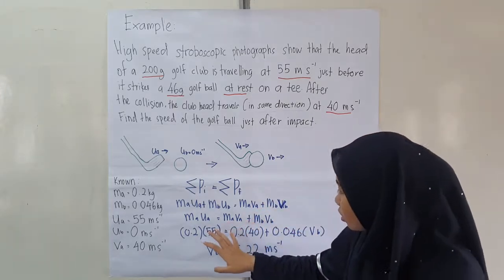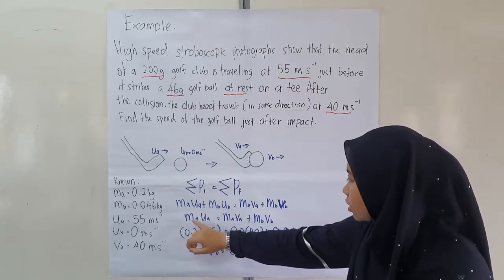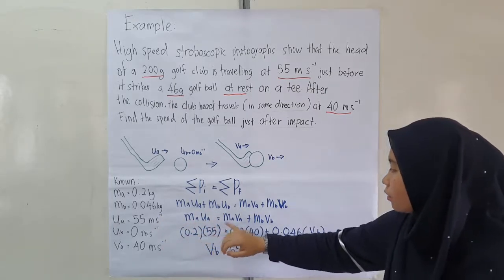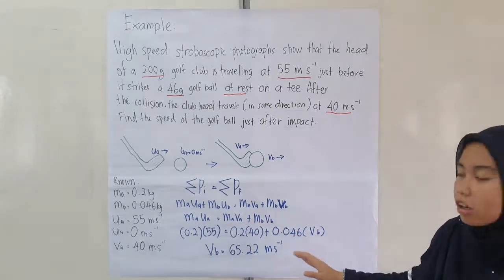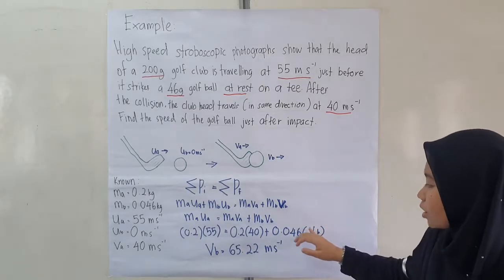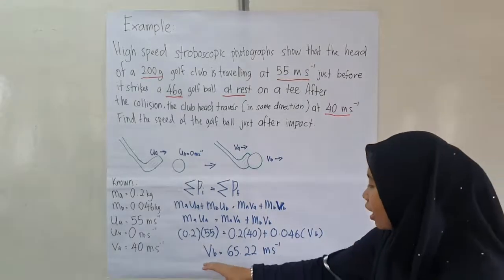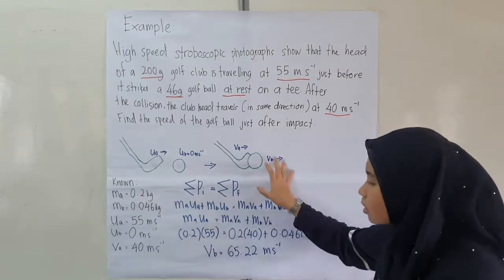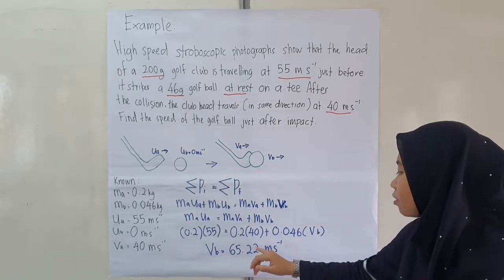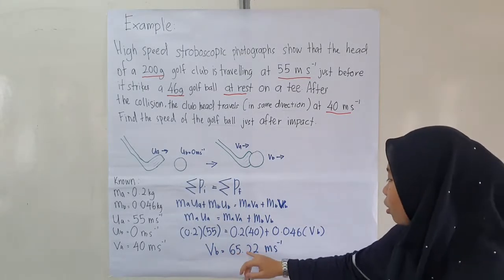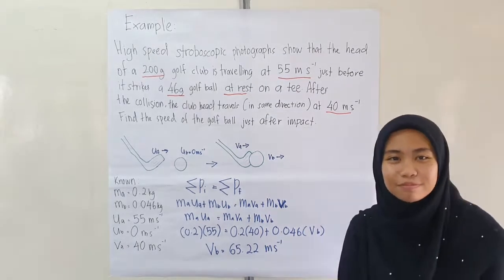We have the values of MA, UA, VA and the others, but we don't have the value of VB, which is the thing that we want to find. The final answer after we use this equation is VB equals 65.22 meters per second. Thank you.